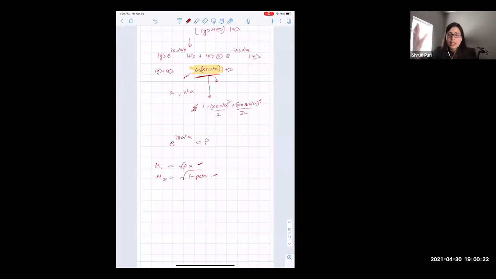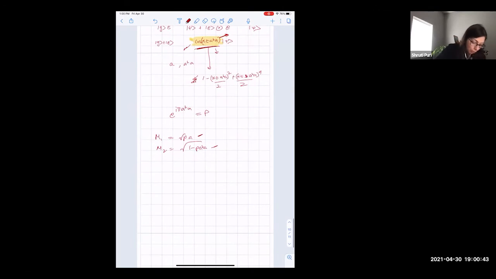This one doesn't change the Fock state at all. 4 remains 4, 0 remains 0, 1 remains 1, 2 remains 2, right? So these are still low weight errors, whereas this is a high weight error because this is actually going to introduce a phase flip error in my code.